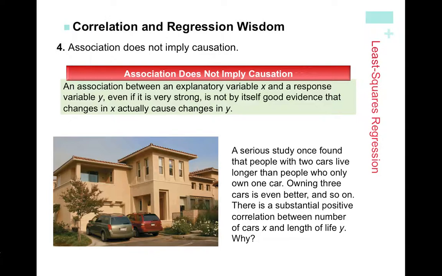That should make sense. You should be thinking, yeah, that's ridiculous. But why would people with more cars live longer? Well, they probably have more money and thereby can afford better health care and just all-around quality of life. So there is an example where strong correlation doesn't mean that we have causation between the explanatory and response variables.